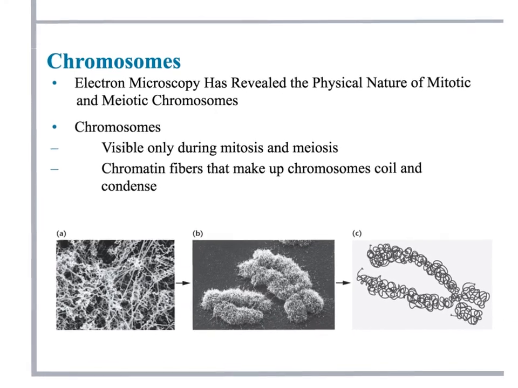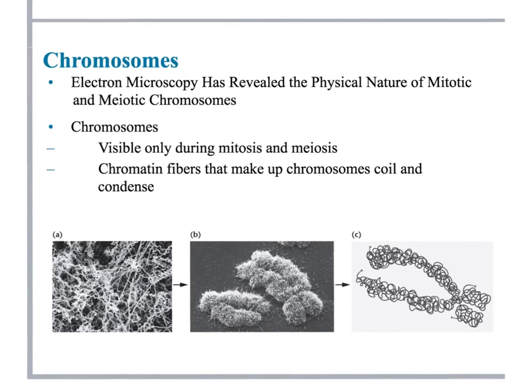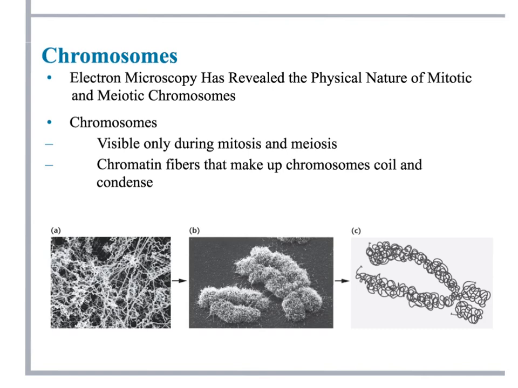And then our chromosomes: electron microscopy is what reveals the physical nature of what we're able to see under a microscope. Using an electron microscope, we can see the chromosomes pretty clearly, and we can see each meiotic division. You can look through kind of cheap microscopes and still see a dividing cell.